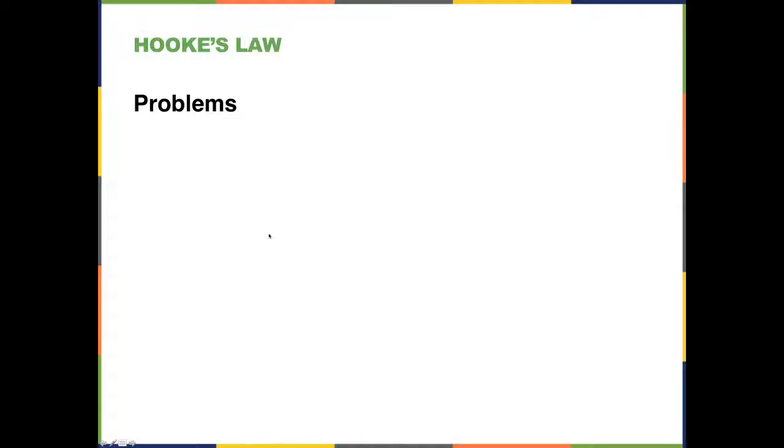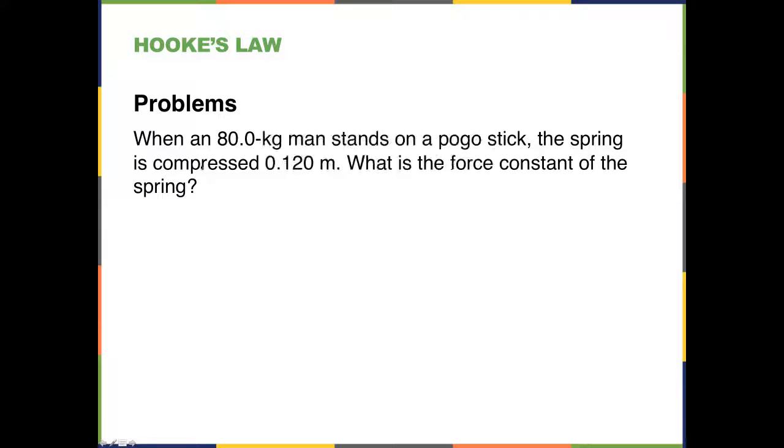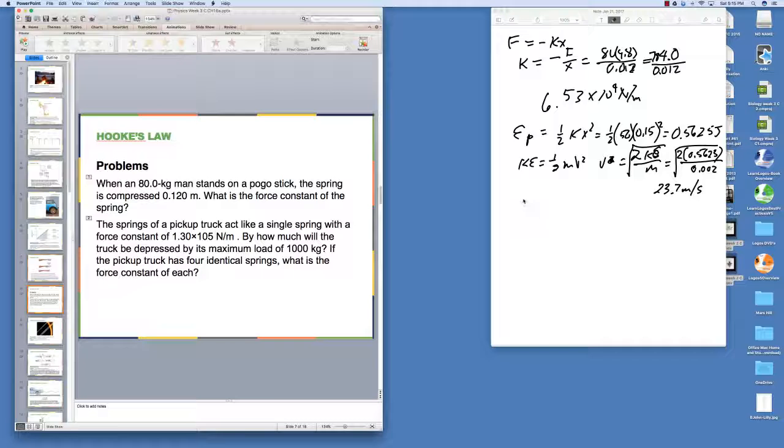So now let's take a look at some more problems looking at Hooke's law. The first problem, an 80 kilogram man stands on a pogo stick which is compressed 0.12 meters. What is the force constant of the spring? This is a very straightforward problem.